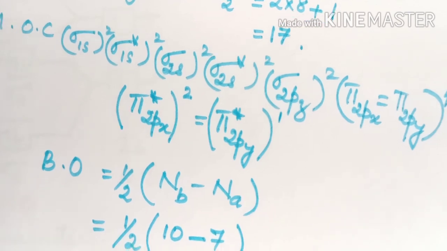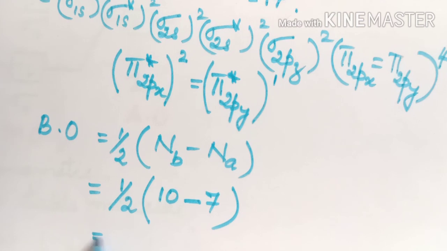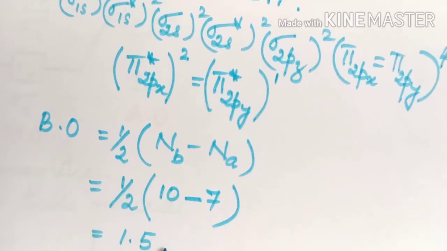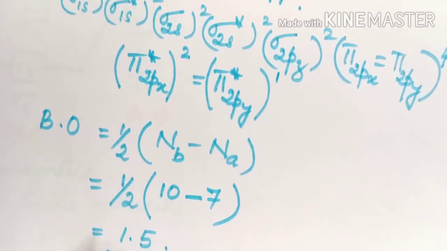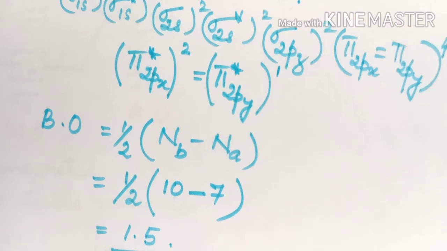So what will be the bond order? It is 3 divided by 2, that is 1.5. So as a result, you find that there is a fraction in the bond order. That means there is no perfect single bond or double bond here. So there is a chance of showing instability in the molecule.